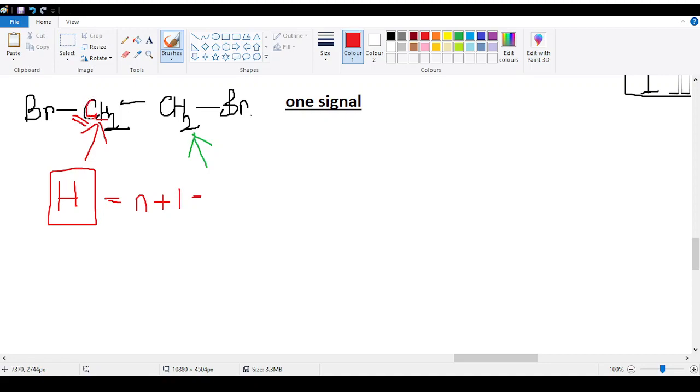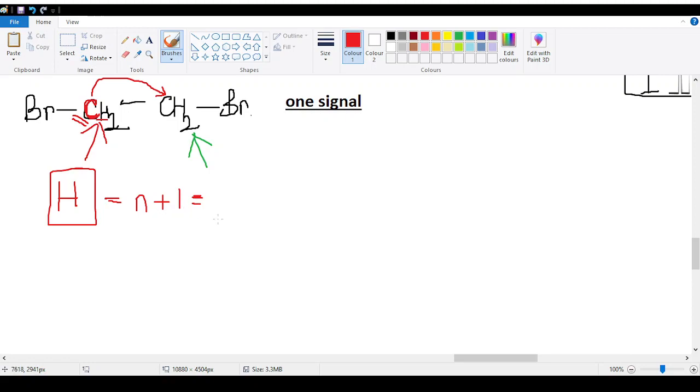This carbon here. Who is the neighbor of this carbon? This one is the neighboring carbon. And how many hydrogens does the neighbor have? The neighbor has two hydrogen atoms.